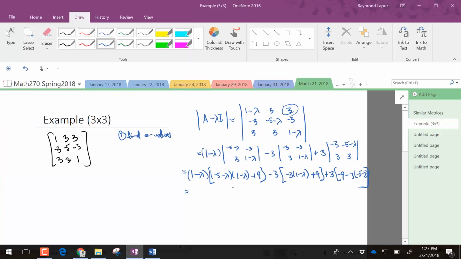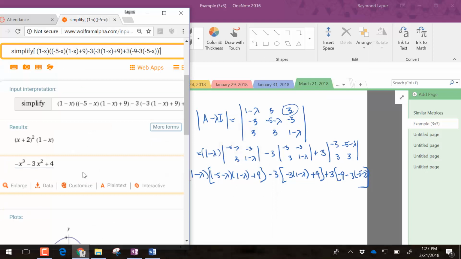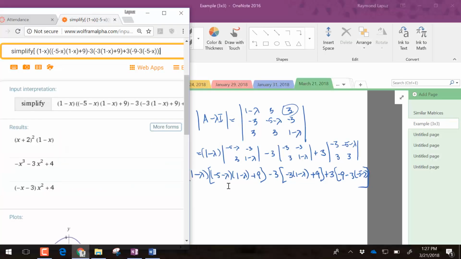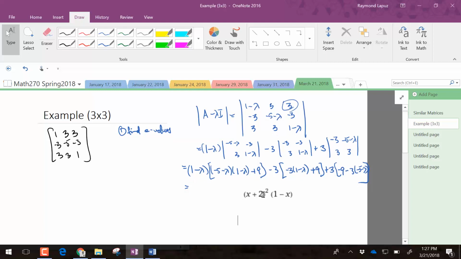Okay, so I should just copy it. So whenever I do something in Mathematica or Wolfram, I should just copy it. So this is our polynomial, which means I don't have to ask Wolfram to find the roots for me. I'm going to have x equals 1, and then x equals negative 2.